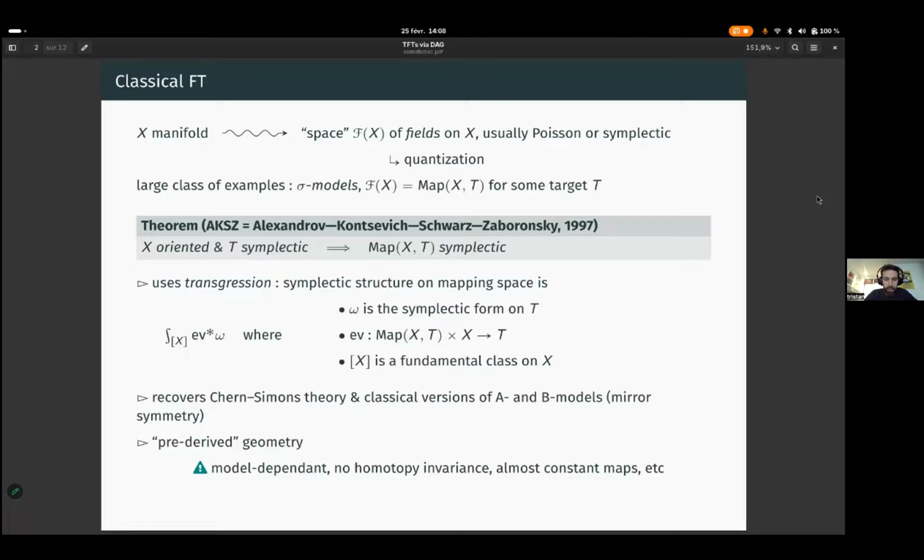It uses some kind of pre-derived geometry in a way, but it's a very ad hoc construction that depends on the model. It's not invariant through homotopy. About this a priori infinite dimensional mapping space, it's very formal, and actually you only consider maps that are infinitesimally close to the constant map. So many issues, at least from the point of view of someone doing mathematics.